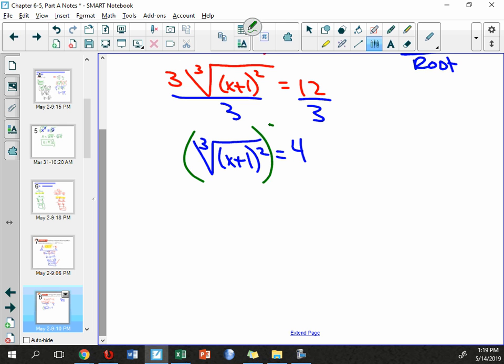Because I have a root, and the opposite of a root is a power. So now what's going to cancel out is this root with that power. But what you do to one side, you must do to the other. So I have x plus 1 quantity squared is equal to 4 times 4, which is 16, times 4, which is 64. Does everybody see that?